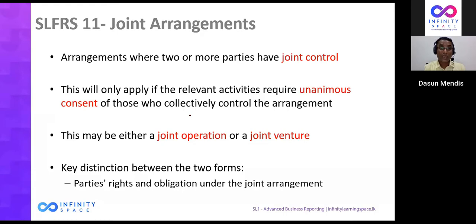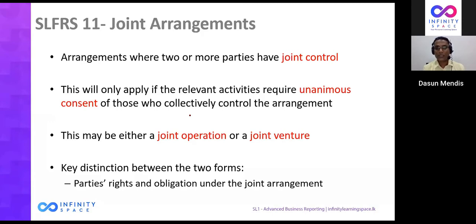SLFRS 11 talks about joint arrangements. So a joint arrangement means you and some other party, or maybe two or more parties, are jointly controlling the activities of the arrangement. Which means, as was clearly mentioned in the question, there are some Bangladeshi and Indian investors as well.